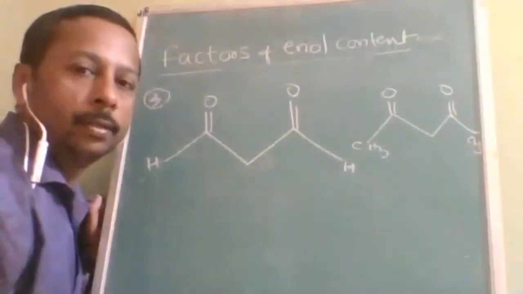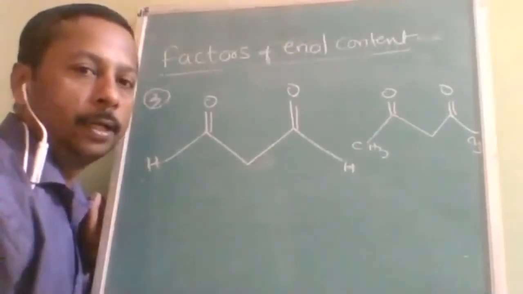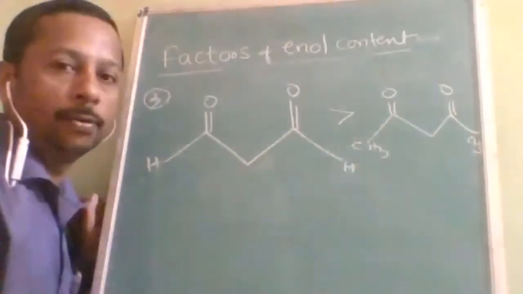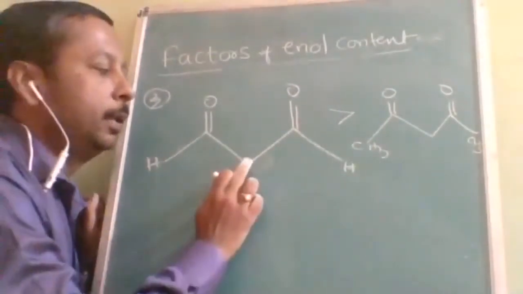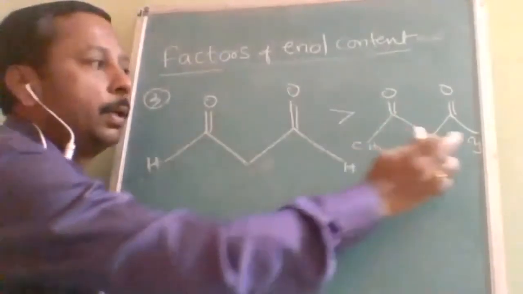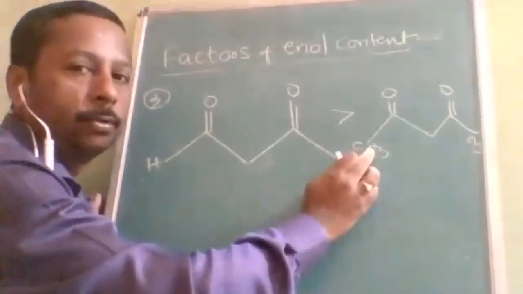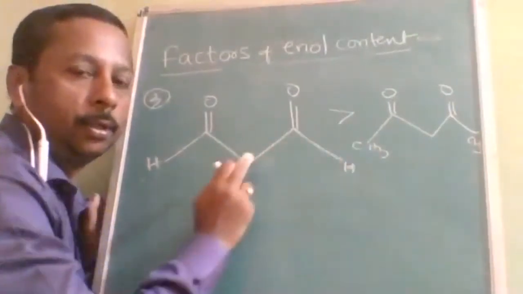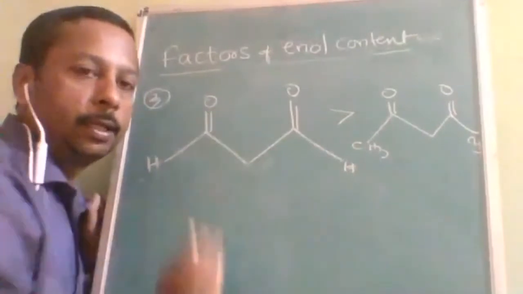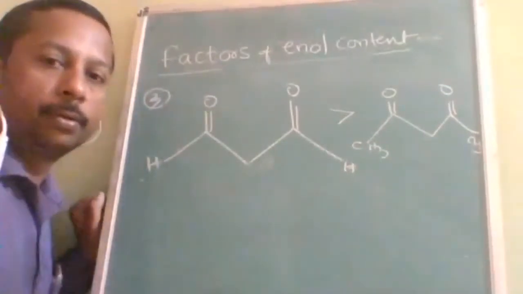In this one, the acidic strength of this alpha hydrogen is more than this alpha hydrogen. This is a CH2 group. Only this can give the alpha hydrogen, but this can also give alpha hydrogen. So the enol form will be more in this one, resulting in the intramolecular hydrogen bonding.